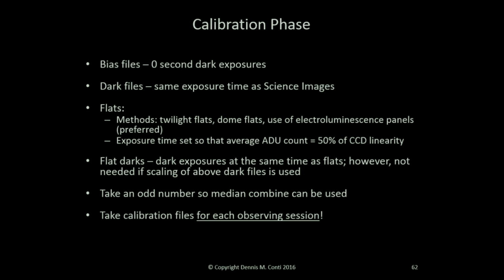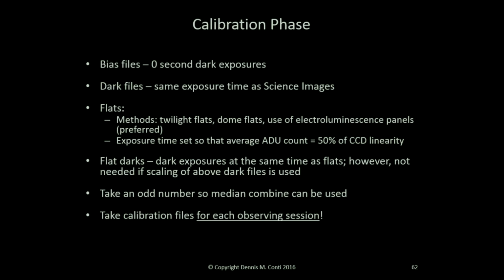Flats are important, and we're going to cover them in a little bit, but as you're probably aware, there are several methods for taking flat files. These range from twilight flats, where the flats are taken right at twilight time, dome flats if one has an observatory, and a preferred approach, which is a little bit more expensive, which is actually having an electroluminescence panel, which is placed on top of the telescope that has very controlled and uniform brightness.